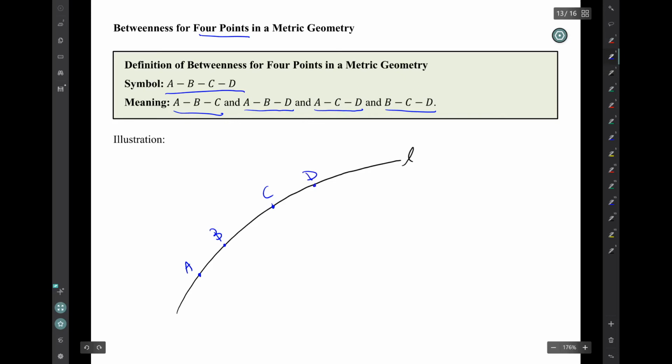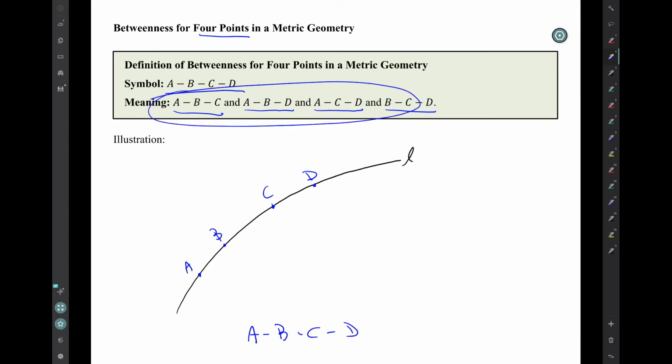So I can draw a bunch of points on the line. Now, what should I add to my illustration to make it clear what I'm referring to? Well, let's put a title. This is a picture of A-B-C-D. But what else? We should draw attention to the fact that all 4 of those relationships are true.